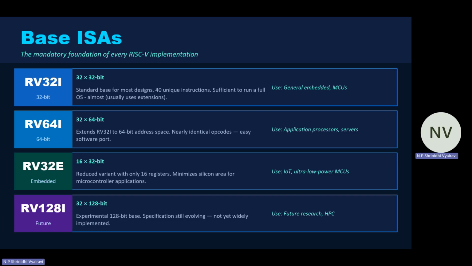Essentially, everything should be small. So instead of 32 registers, you say, I shouldn't need that many in embedded systems, so you have the 16-register variant. It's 32-bit with 16 registers. The E stands for embedded. So this is essentially the base ISAs.